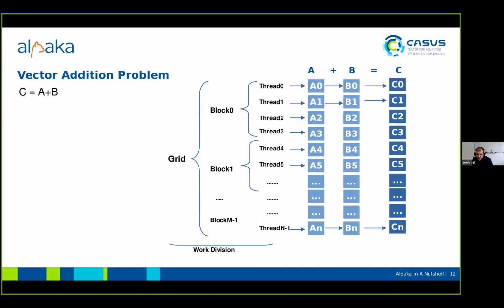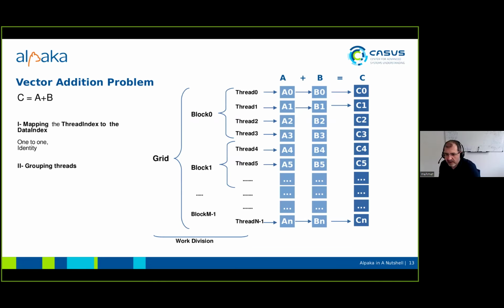Yeah, the code example will be on the vector addition problem. We are planning to simply add two vectors in a parallel and portable manner, of course. Typically, for parallelization, we need to divide the calculation of the vector C into parallel summations.